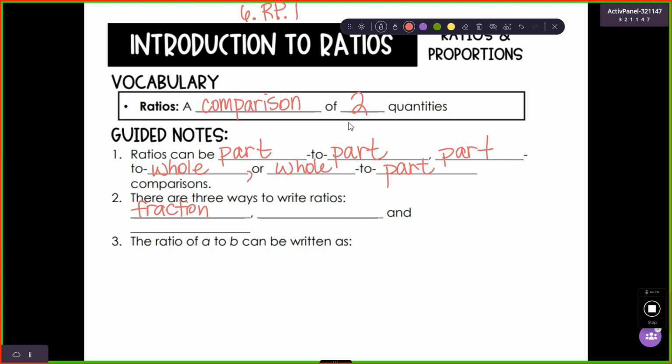Okay, all right. And then we can use the word to. And finally, we can use a punctuation mark called a colon. Have you ever heard of a colon before? Punctuation looks a little bit like that. So give me a thumbs up once you have that written, because it's very important to pay attention here.